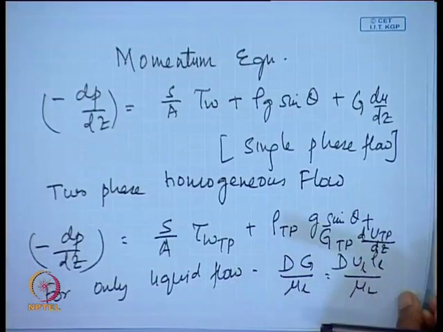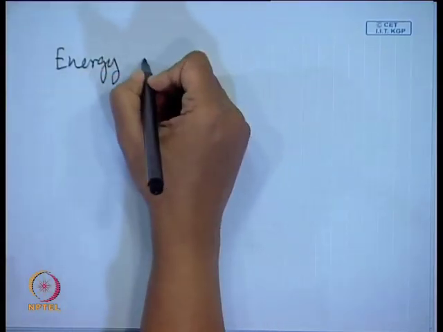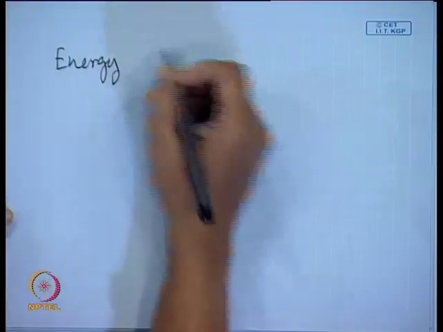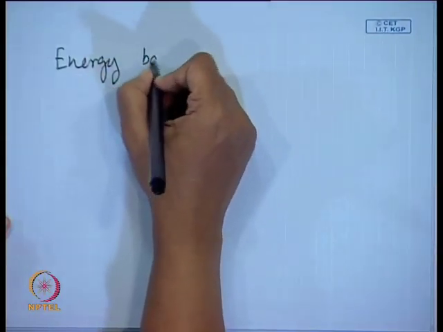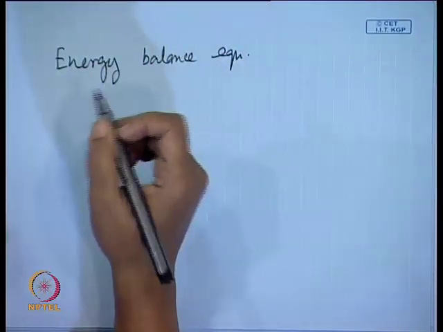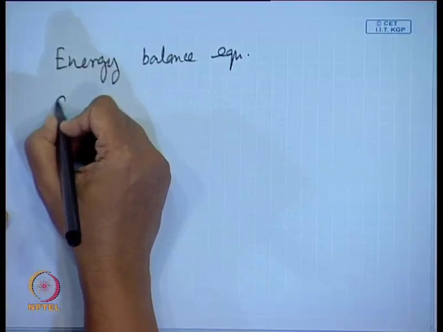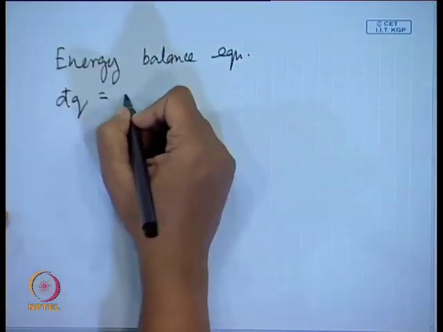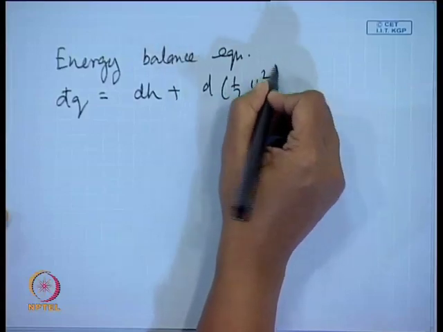Okay. Similarly, we will just do the three equations and then we will expand the momentum equation to find out how to determine the pressure drop or the pressure gradient from known input parameters. So, the energy balance equation, if we take it up, same thing that we had done in the previous class: it was dq equal to dH plus d half u square.